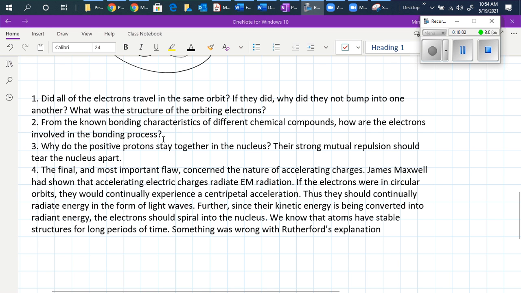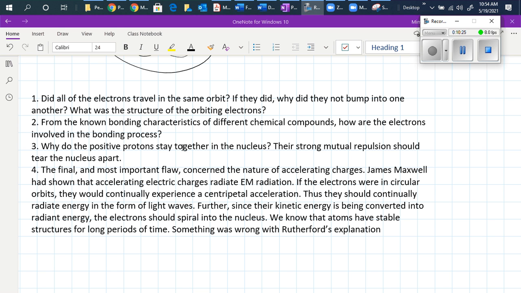And then how are the electrons involved in the bonding process with other chemical compounds? Why do the positive charges stay together in the nucleus, and why are they not torn apart, since it is positively charged?